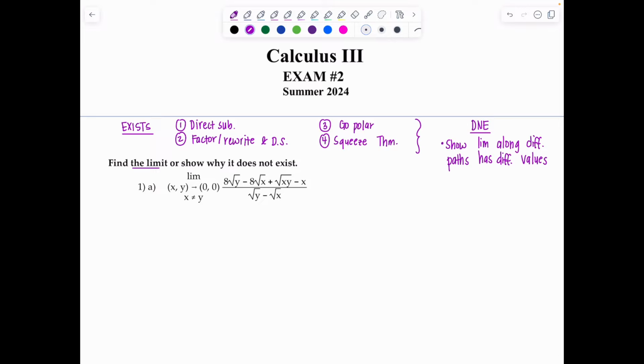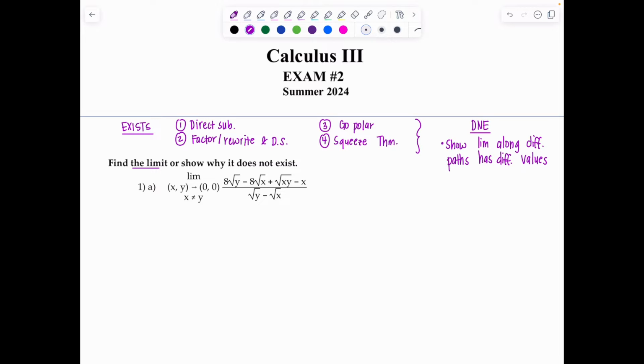You have four options. When you're testing paths, that's only to show that a limit doesn't exist. Remember, there's infinitely many paths that we can take when we're in 3-space plus. So it's not as basic as when you're in Calc 1, where you check the limit from the left is the same as the limit from the right and you can call it a day. No, it's not that straightforward. There's infinitely many paths. So if we're testing paths, it's because we think the limit doesn't exist.